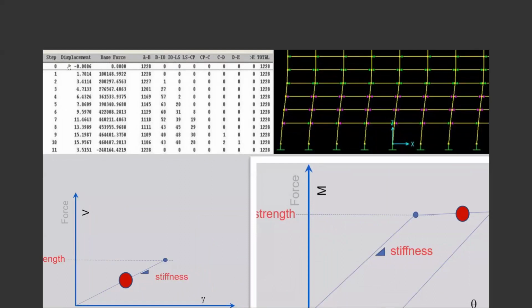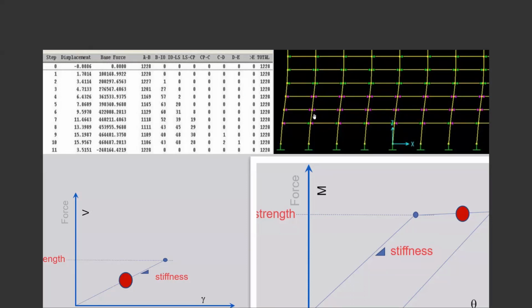So they even give us tables such as these, that step by step, at first just the gravity load was applied, then step by step the lateral load is increasing. What happens to this building? And those deformation controlled parameters, those plastic hinges, those places, fuses, those places that can get damaged, getting damage is not forbidden, but the level of damage is important for us to measure as a performance level.